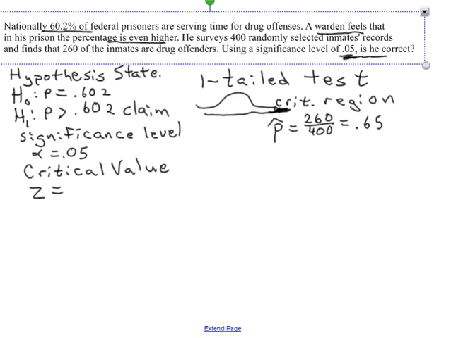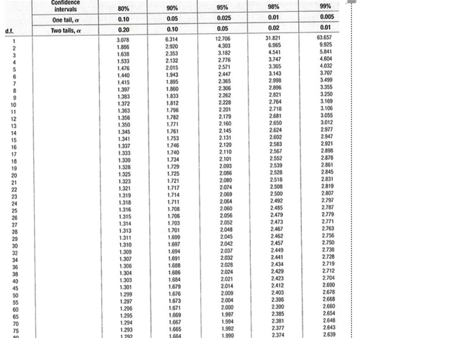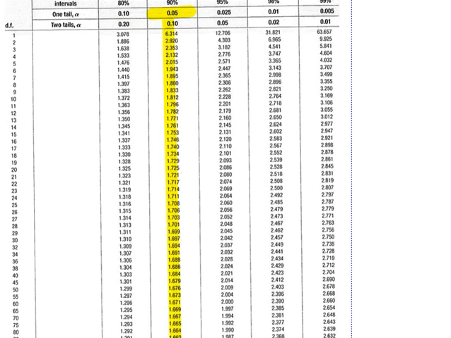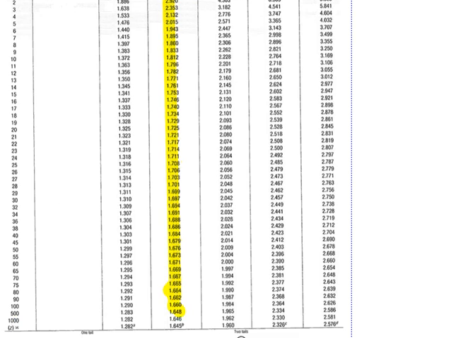Remember, that was the one we could do real fast rather than going to the normal table. So going to that particular table, we were doing a 5% one tail, and we want a z-score. Remember, that goes all the way down to the bottom, 1.645.